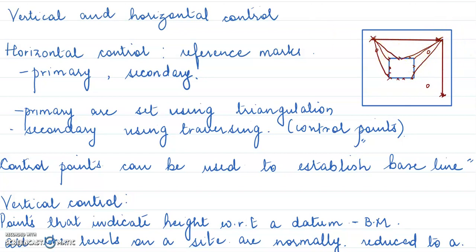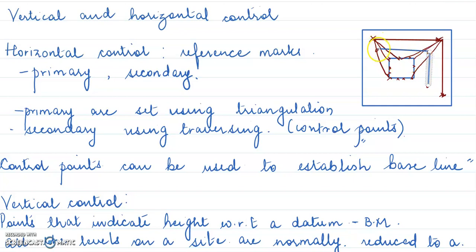Now, when I'm talking about the secondary reference points, this is my baseline. What is a baseline? A baseline is a line which passes through the secondary reference points, and most of your siting will be with respect to this baseline. It's the longest traverse in your survey.